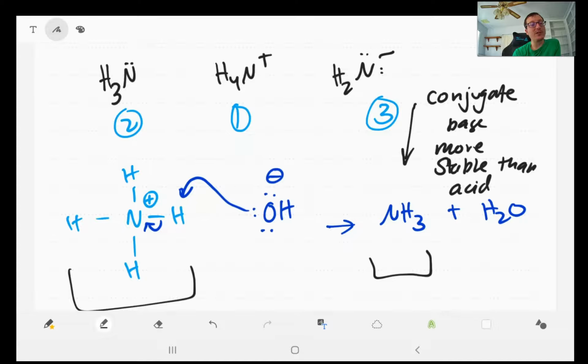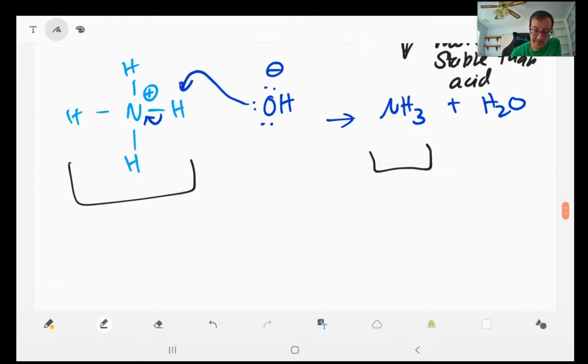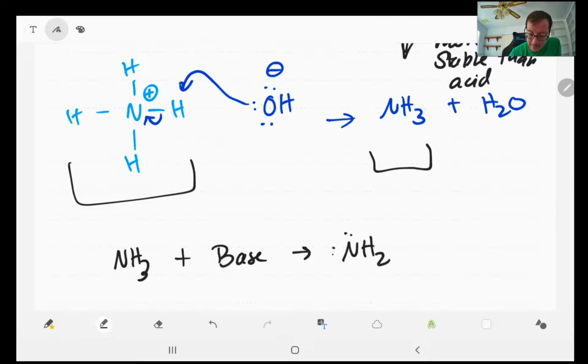Well, if we were to pretend these could all react, we could see what the 3 conjugate bases are. If we look at this one and we just lose a proton, we now have this.